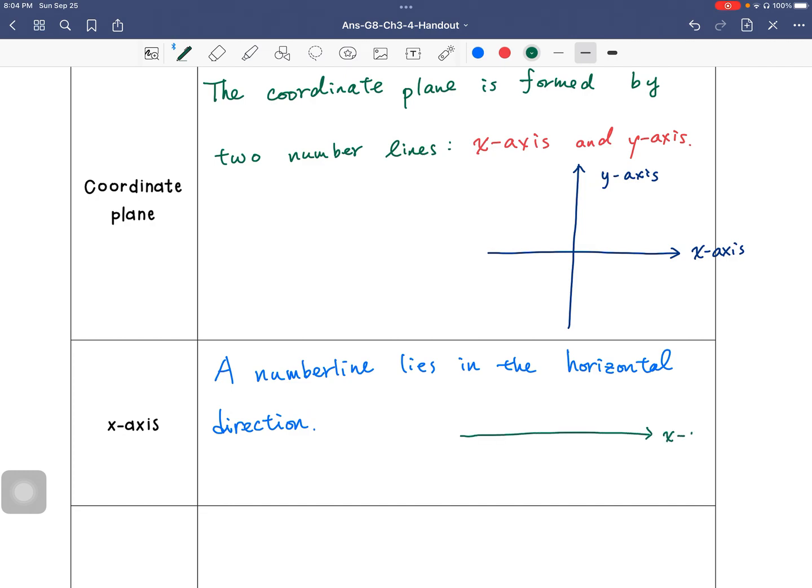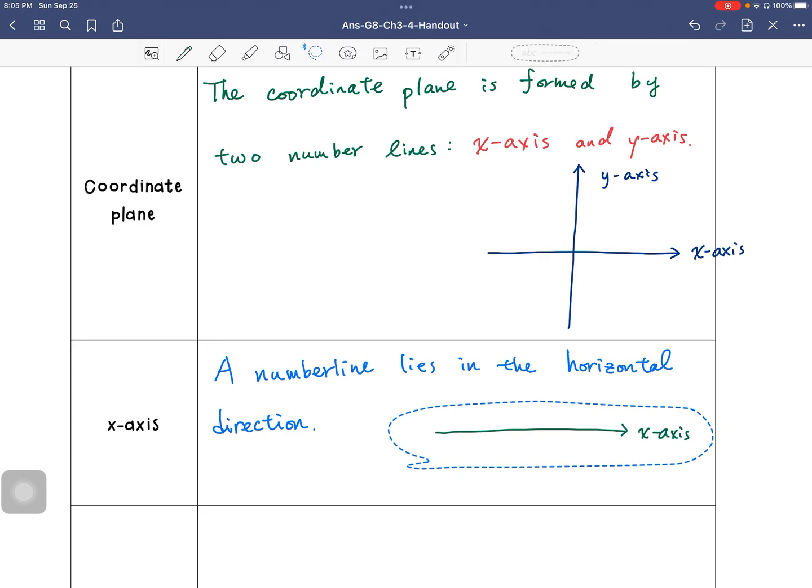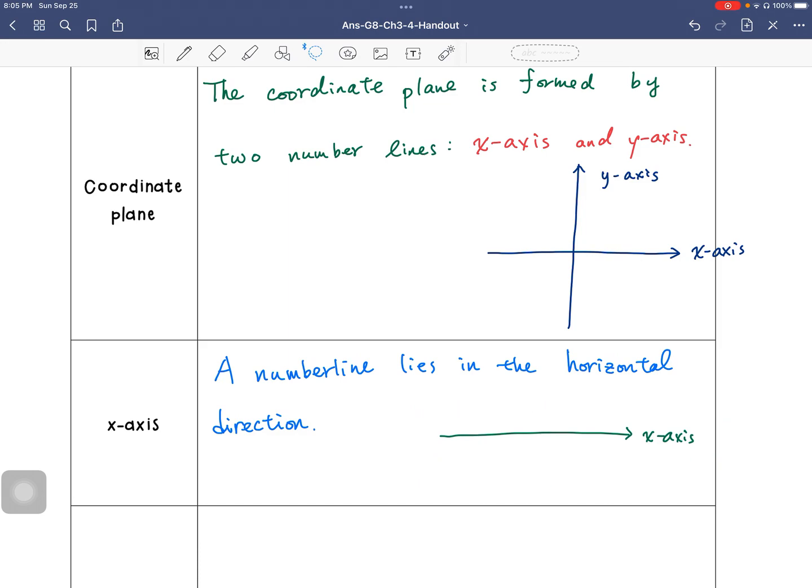So this is the x-axis. The x-axis is a number line that lies in the horizontal direction.